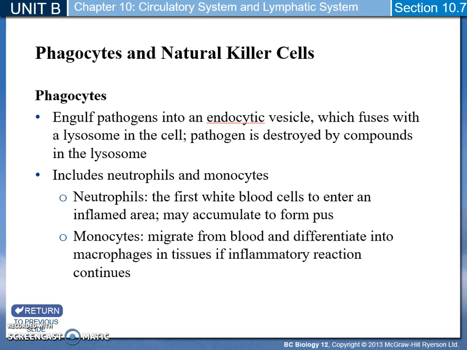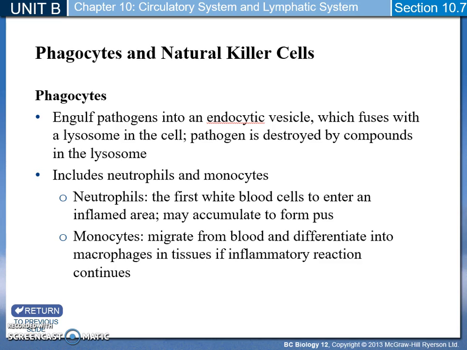The phagocytes engulf the pathogens into an endocytic vesicle, which fuses with a lysosome in the cell, and then the pathogen is destroyed by the compounds in the lysosome. It includes neutrophils and monocytes. The neutrophils are generally the first white blood cells to enter an inflamed area.